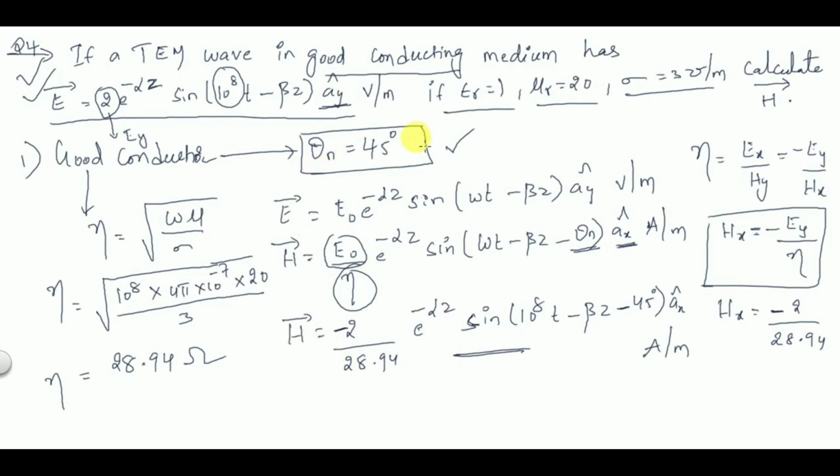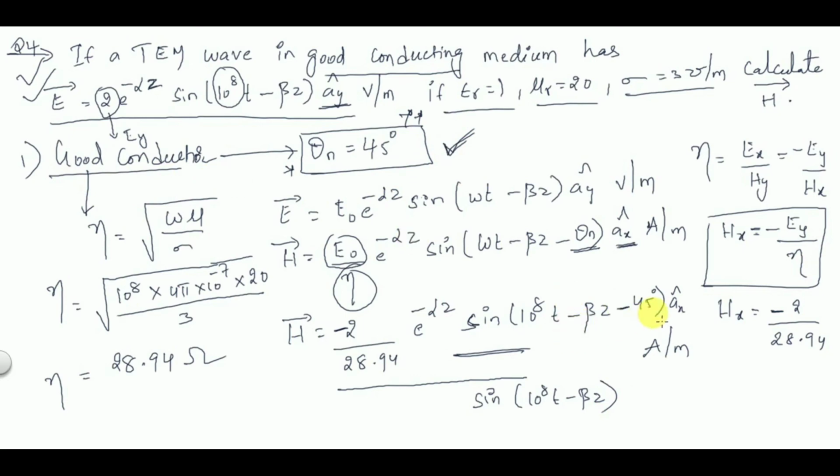The important point here is theta n, and remembering this value is important. In the options he may give you directly sine of 10 to the power of 8 t minus beta z, so you may keep this as the answer, unless you remember that theta n is also present for a good conductor.